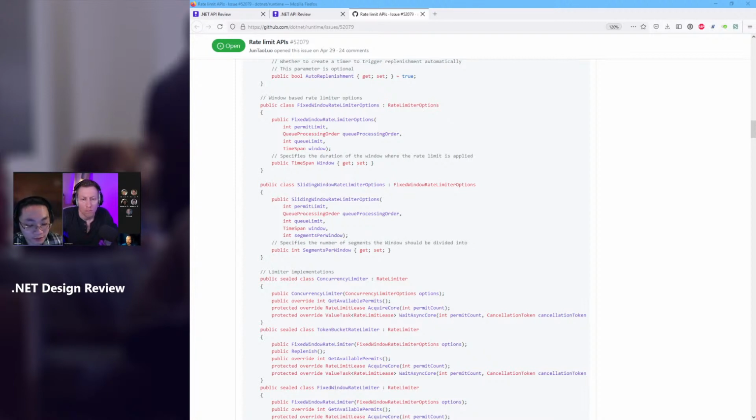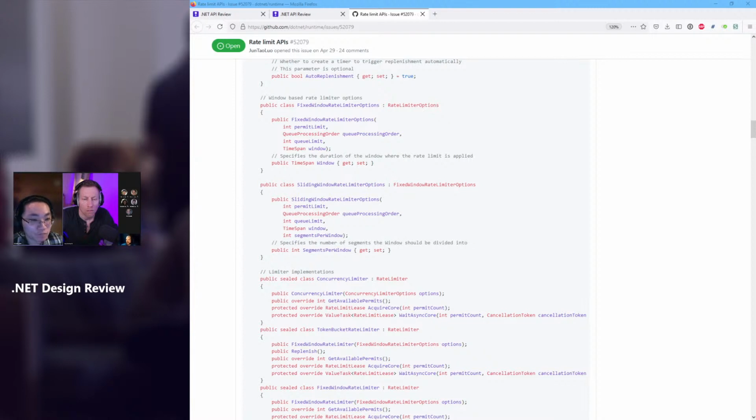Right, but it doesn't mean that the permit limit is completely reset. Right. It really depends on how many permits were in the segment that you just popped off.